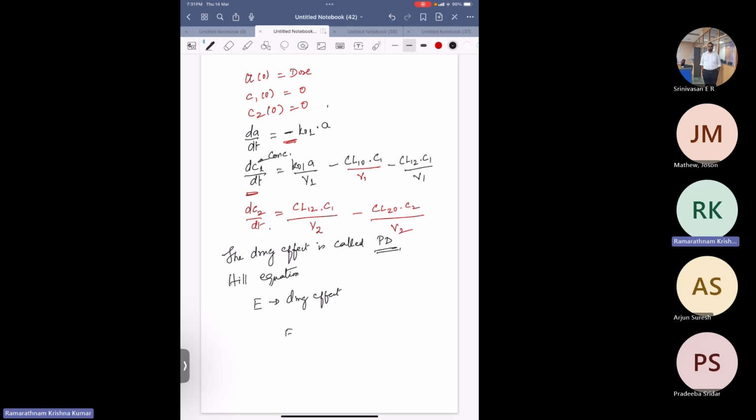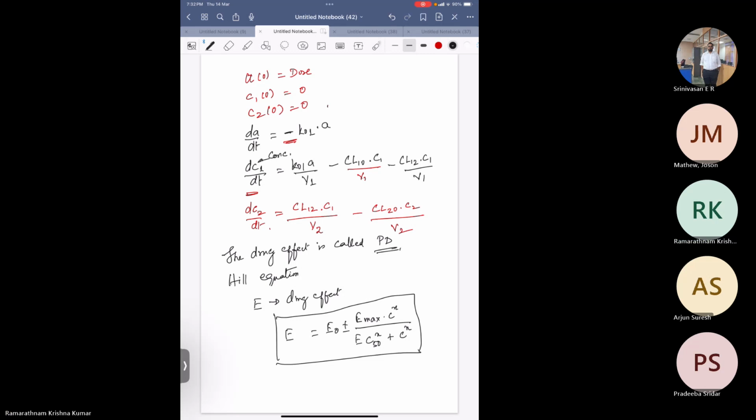I'm going to write down the Hill equation which we wrote long ago: E is equal to E0 plus or minus Emax into C power X divided by EC50 power X plus C power X. This is the well-proven, slightly complex equation.